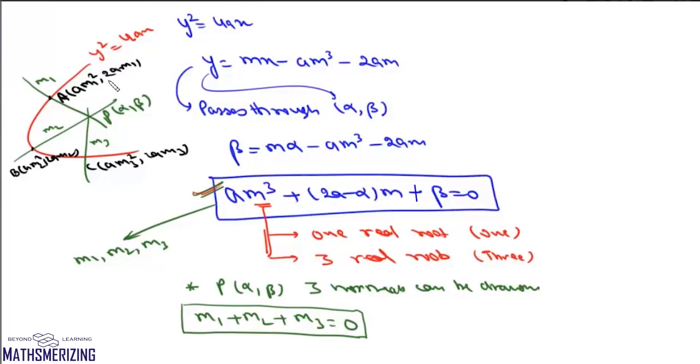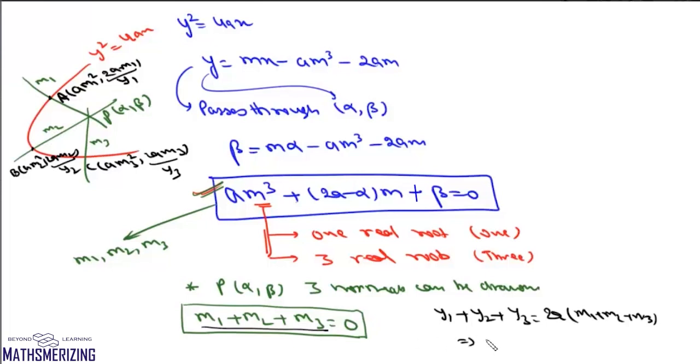Then if we find the sum of their y coordinates, y1 plus y2 plus y3, we'll take 2a common and then it'll be m1 plus m2 plus m3. We know that m1 plus m2 plus m3 is 0. So from here we get this result, which is summation yi equals 0.